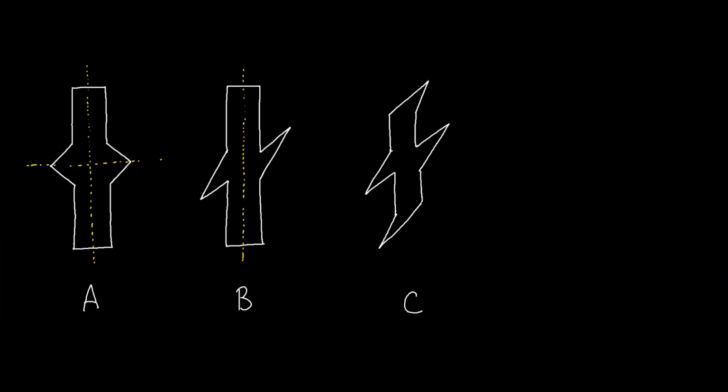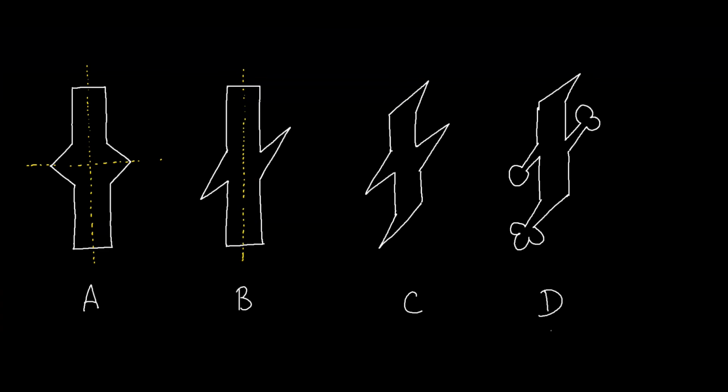You wouldn't say that C is completely lacking any kind of symmetry. I mean, I can draw something that will completely lack any kind of symmetry. For instance, something like this. Now, this would be a thing which might entirely lack any kind of symmetry. But certainly C is better than that.